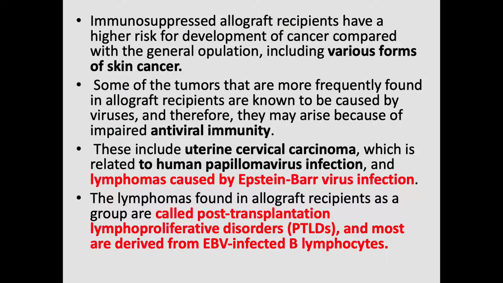Other than skin cancer and cervical cancer, which is sometimes mediated by HPV, there can also be Epstein-Barr virus mediated proliferation of lymphoid tissue, because immune suppression leads to more activation of Epstein-Barr virus, a type of herpes virus. Therefore this can lead to post-transplant lymphoproliferative disorder, PTLD, and this can be very severe in transplanted patients.